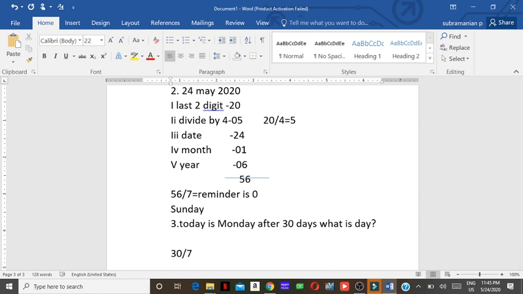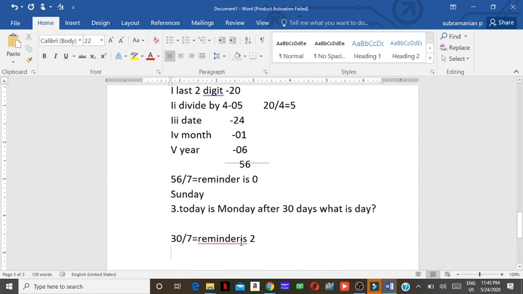You already know 1 week contains 7 days. In this also we have to take the remainder. The remainder is 2. We have to add 2 to Monday. So Monday plus 2 days: Tuesday, Wednesday. So the answer is Wednesday.